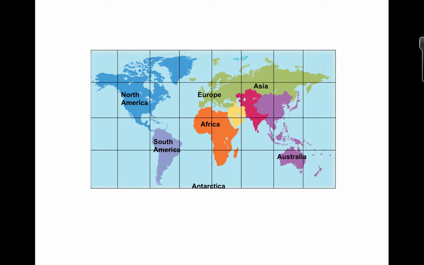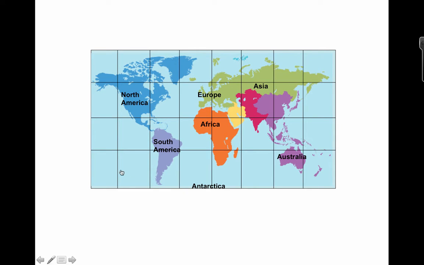What I'd like you to do in your Cornell note papers: the title of it is Mapping, and then you draw a big box, half a page perhaps, and you divide it up, using a ruler if you can. This would be a 4x8 grid, and then you're going to draw a map of the Earth based on this grid.